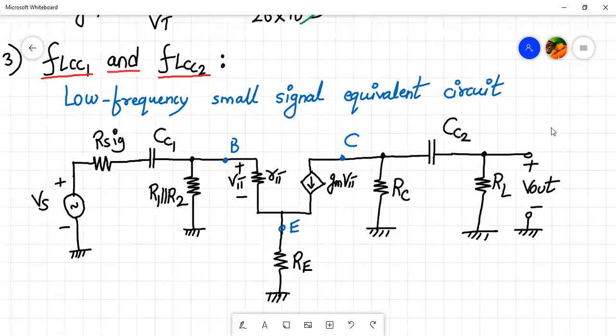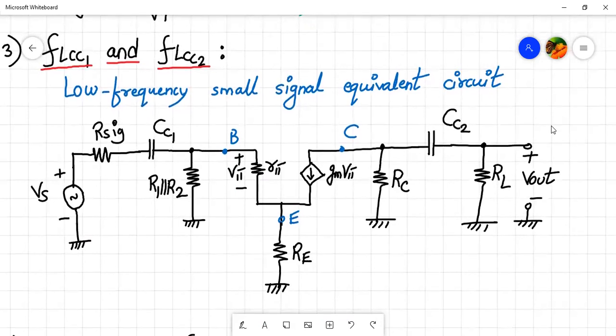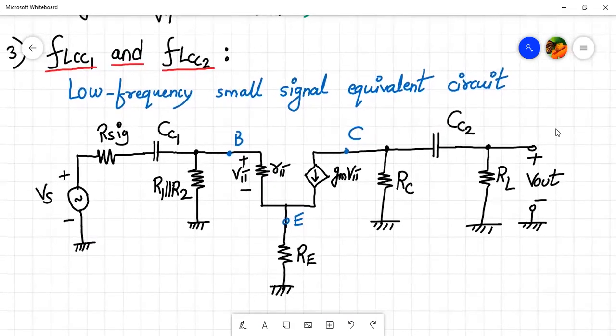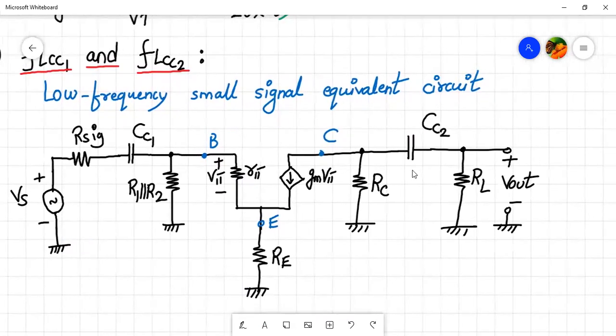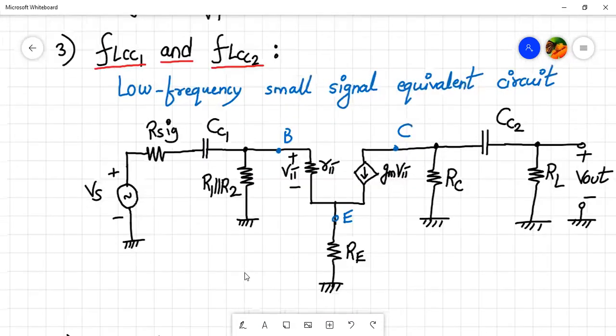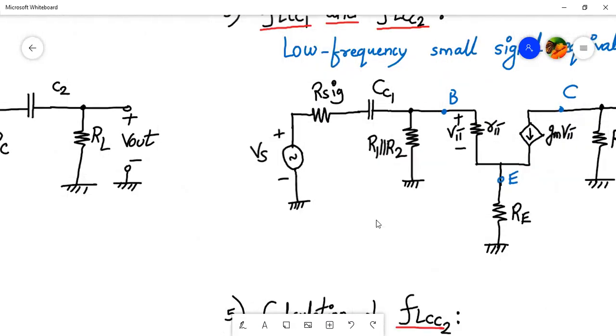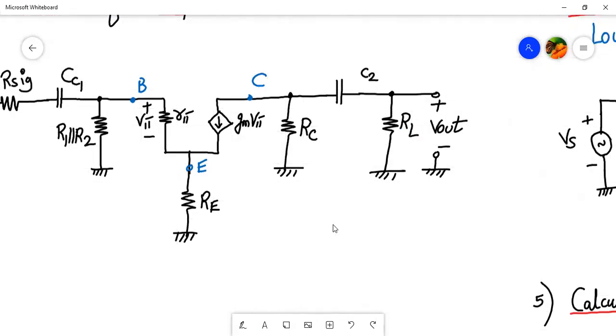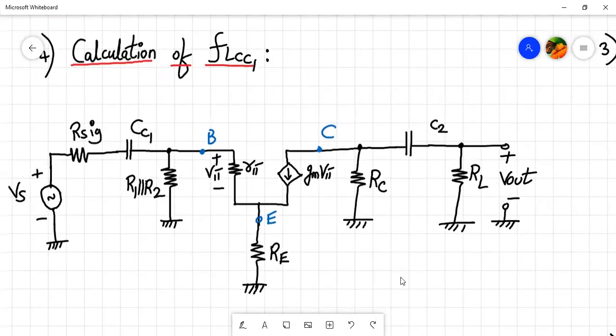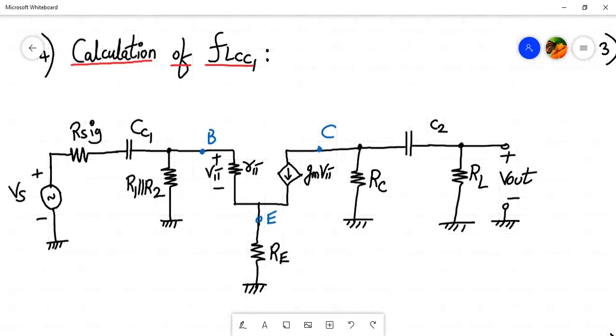So this is my low frequency small signal equivalent circuit with all the capacitors in the circuit. Now we have to calculate the expression for the FL of CC1. So let's proceed and calculate the FL of CC1 expression. So for FL of CC1, what we have to do, right?